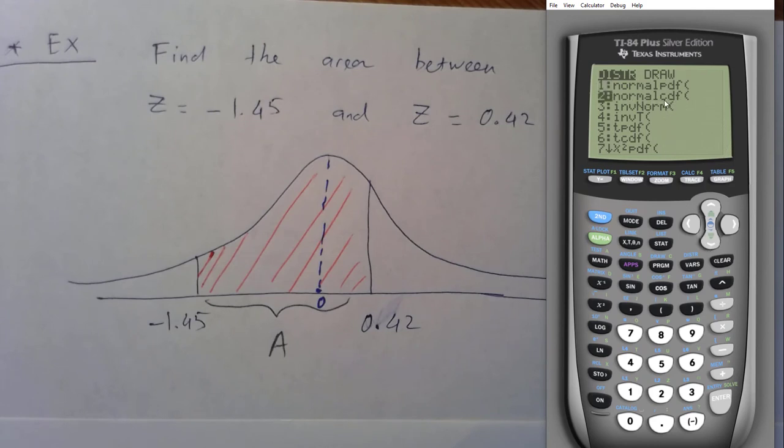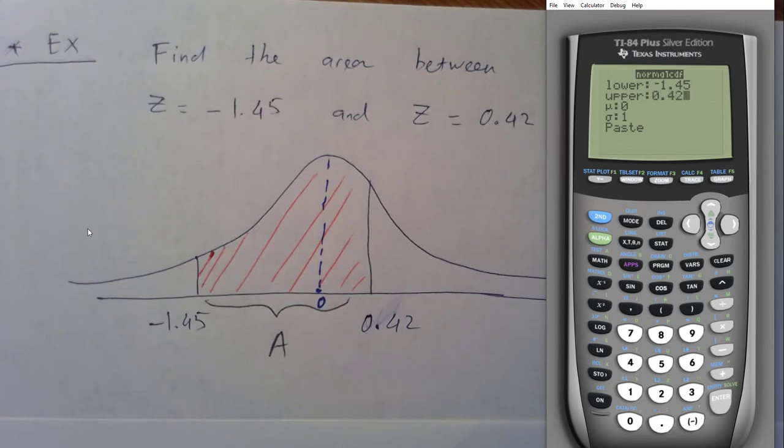CDF stands for cumulative distribution function, so this is the area all the way from the previous value up to the current value. Now the lower is minus 1.45, and the upper one is 0.42.